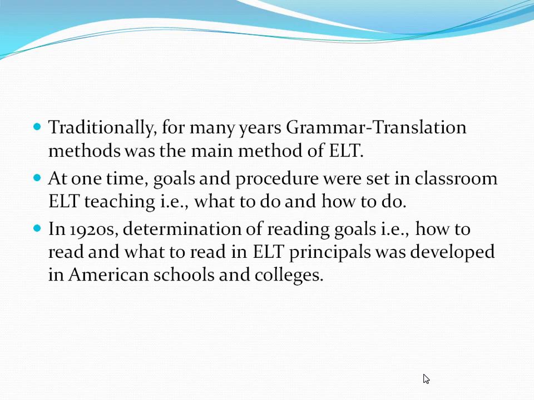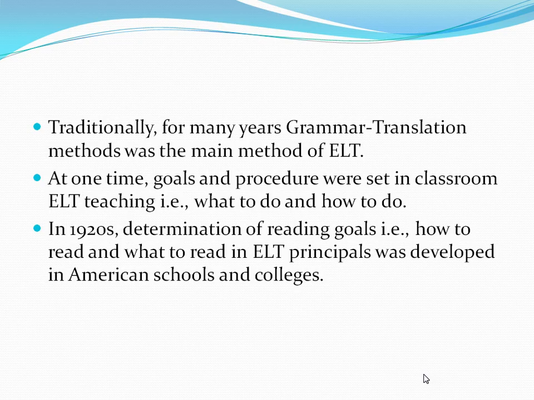Because, as we have said, in the first half of the 20th century many learners had diversified necessities for English language learning, not one necessity, which was to study Latin literature. Before, in the 14th and 15th centuries, they wanted to study the Latin language just to read Latin literature.